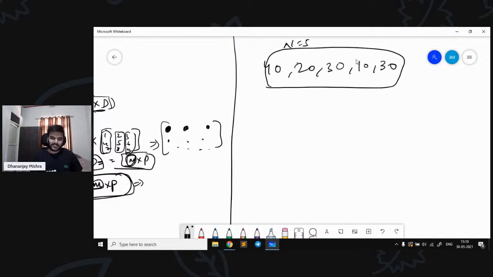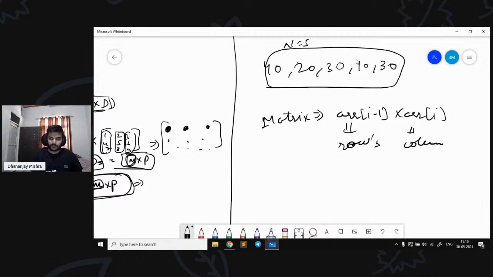So as said, one matrix will be denoted by array[i-1] into array[i], right? That means array[i-1] denotes the number of rows, and array[i] denotes the columns, right, the dimensions. So as it is quite logical, we don't have any negative indexes.